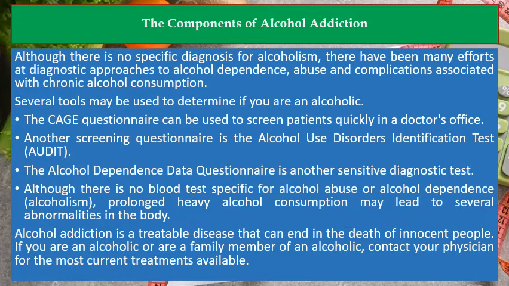Another screening questionnaire is the Alcohol Use Disorders Identification Test, AUDIT. The Alcohol Dependence Data Questionnaire is another sensitive diagnostic test. Although there is no blood test specific for alcohol abuse or alcohol dependence, prolonged heavy alcohol consumption may lead to several abnormalities in the body.